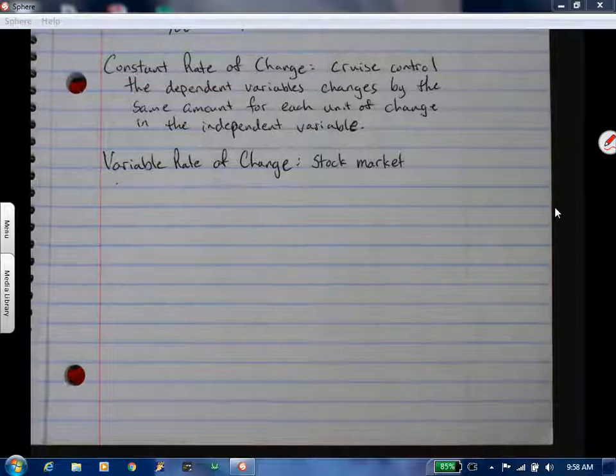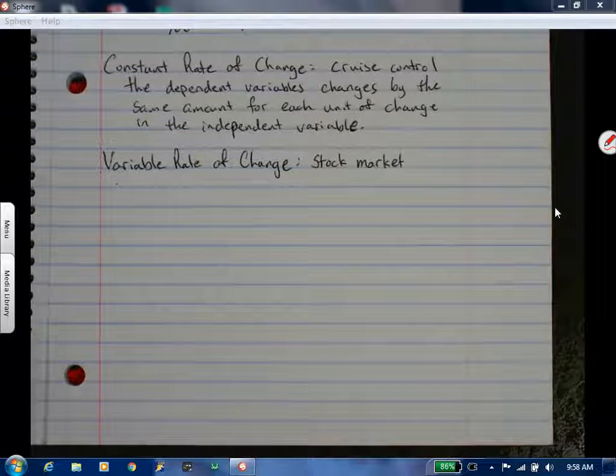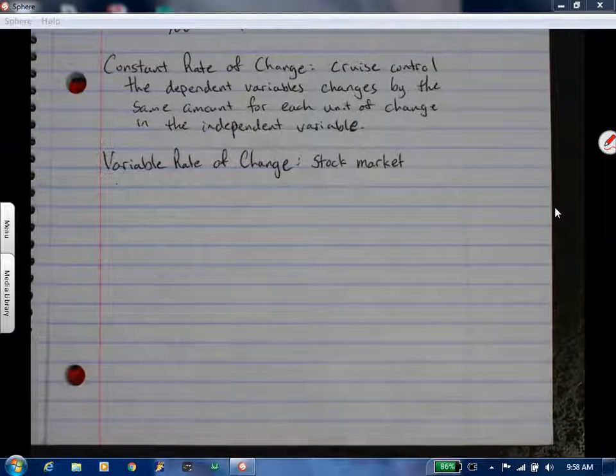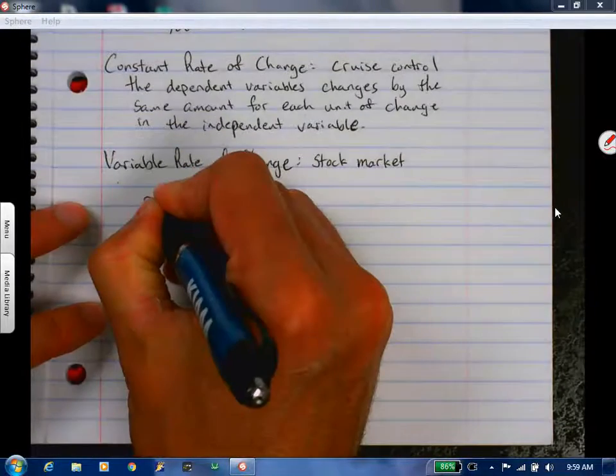No. But on average, guess how much it goes up over the course of its lifetime per year? It's about 10%. Okay, on average. So some years are better, some years are less. So it's not a constant rate of change, it's going to be a variable rate of change. Okay. So let's write this down.